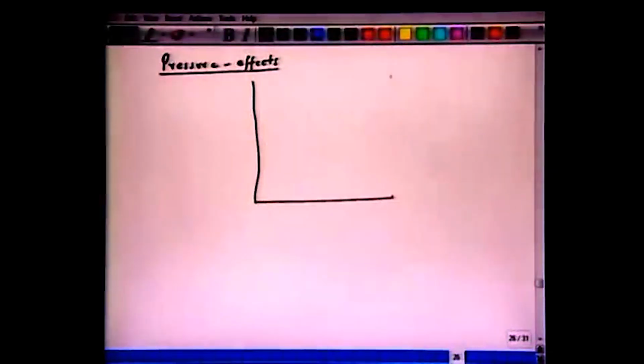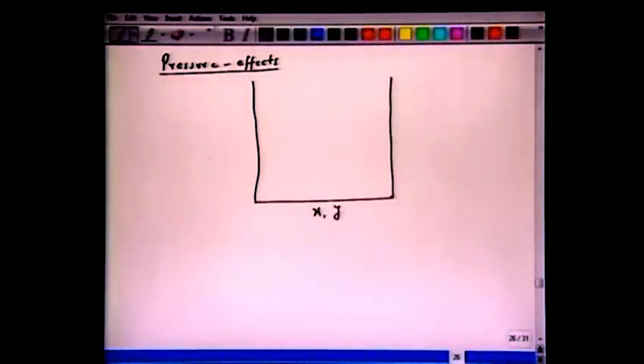So let us plot this pressure effect. Okay, so we have the TXY diagram that we did earlier, X, Y, we have TXY. Let's say that we have plotted this TXY for a certain pressure.